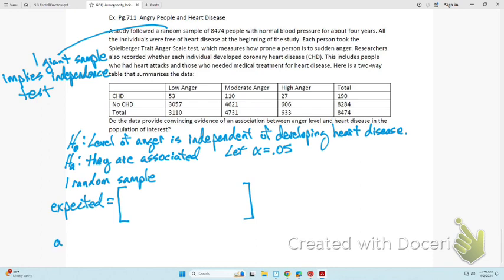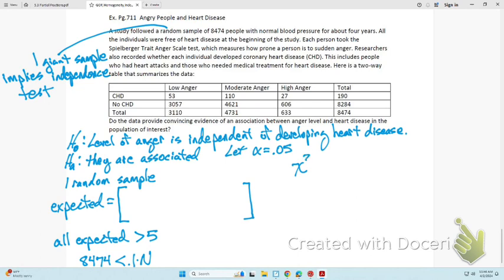And they are probably all large enough, so I'm going to go ahead and write it. 8474 is definitely less than 10% of all people with normal blood pressure. So 8474 is less than 10% of our population. And we're ready to run the test.